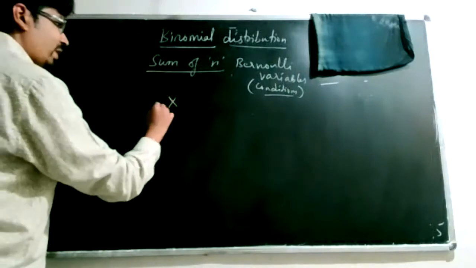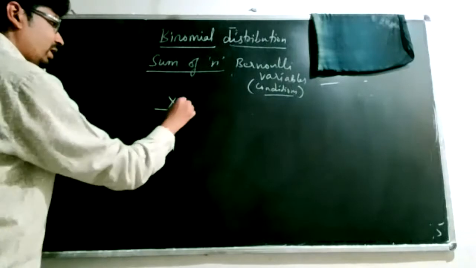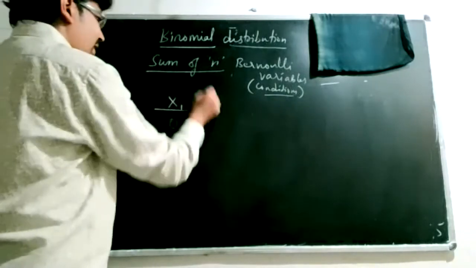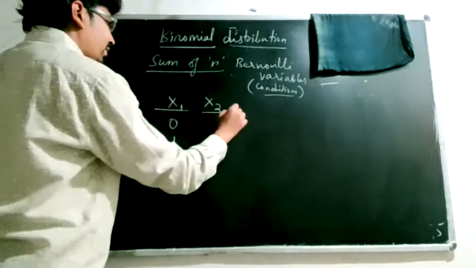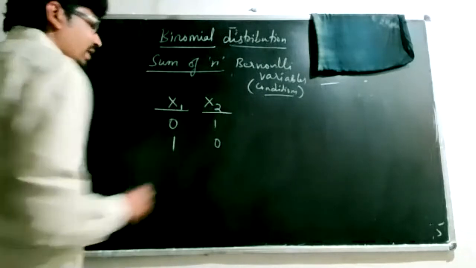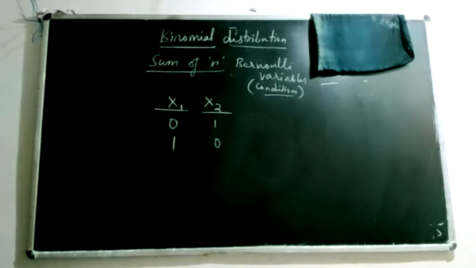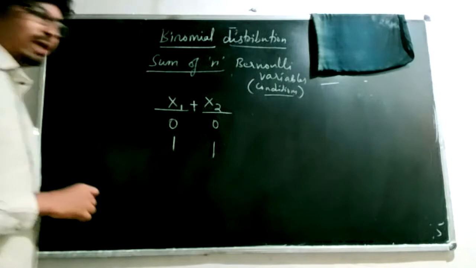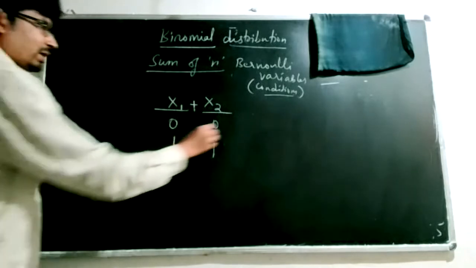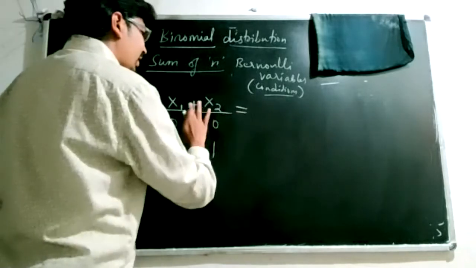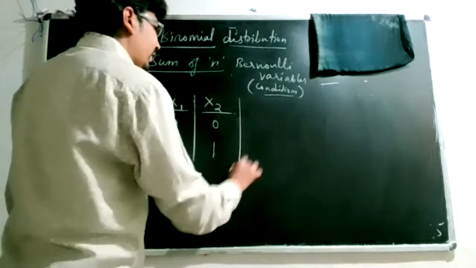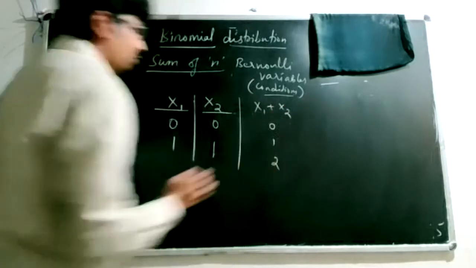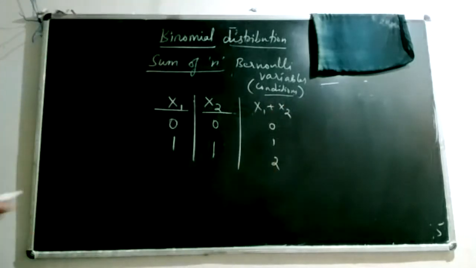So I have x1, which is Bernoulli, taking value 0 and 1. Now I repeat this same experiment. I'll take another variable x2, which has again a possibility of 0 and 1. Now if you look into the total x1 plus x2, then the cases will be 0, 1, and 2. Why 0, 1, and 2?